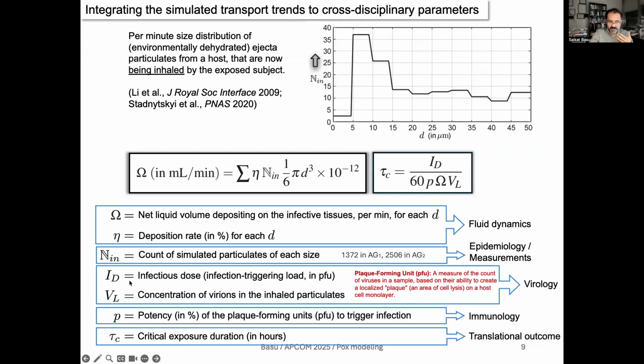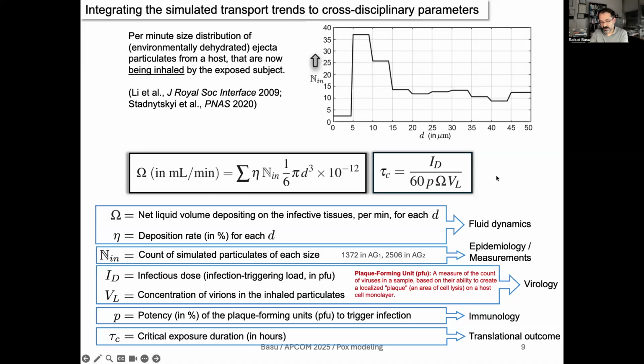So once we have these three specific parameters, ID, infectious dose, VL, viral concentration, P, potency of the variants, we can then quantify this term tau C. Tau C is the critical exposure duration over which an infection might get launched in an exposed subject. And this formalism gives tau C in hours.